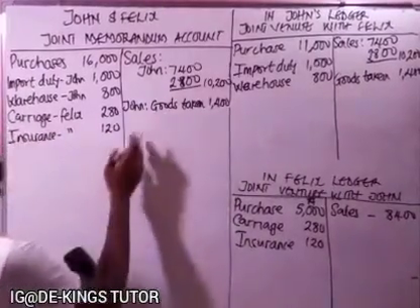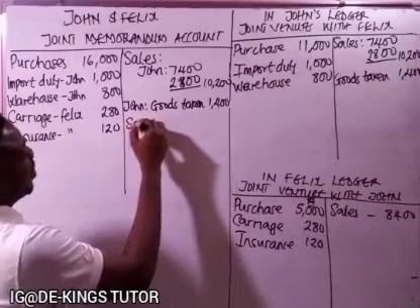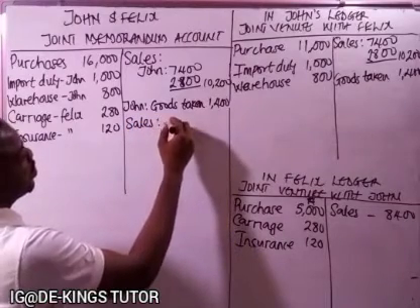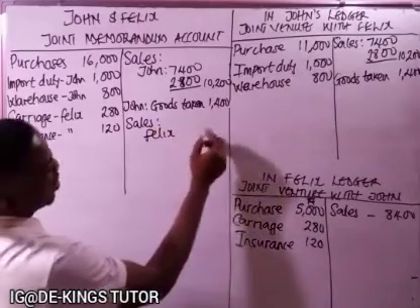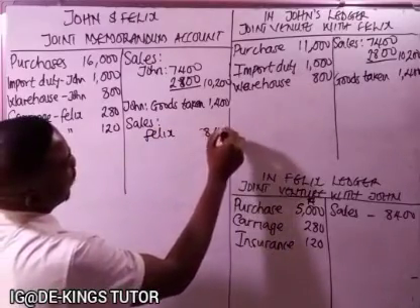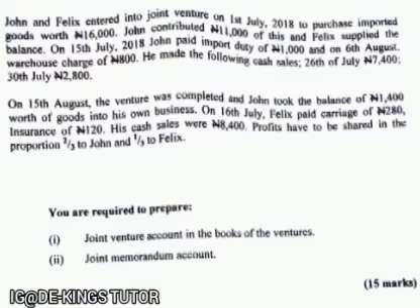Okay, so you come to the joint memorandum also, and you have also sales by Felix 8,400. Okay, now they say profits have to be shared in a proportion 2/3 to John and 1/3 to Felix.